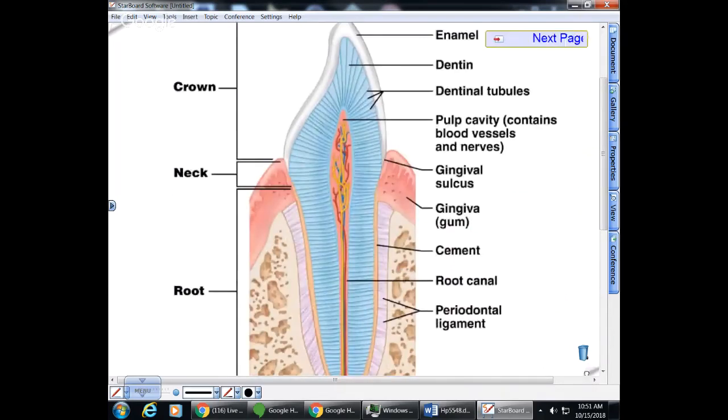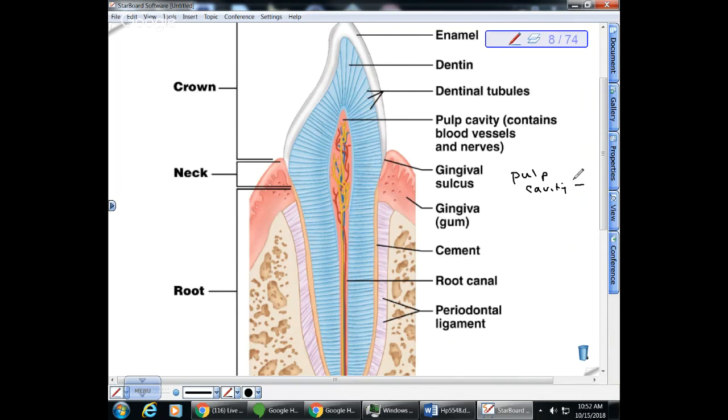When we look at the structure of the tooth, you can see that the tooth has some living tissue in it. So this is what is referred to as the pulp. So your pulp cavity. So you need to know the structure of the tooth. You need to know the pulp cavity. Okay.